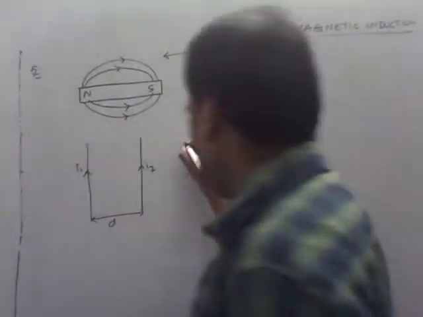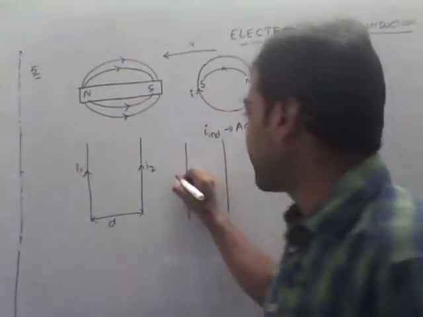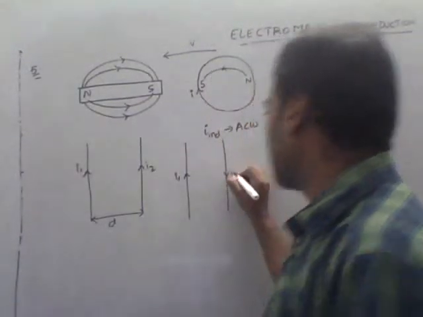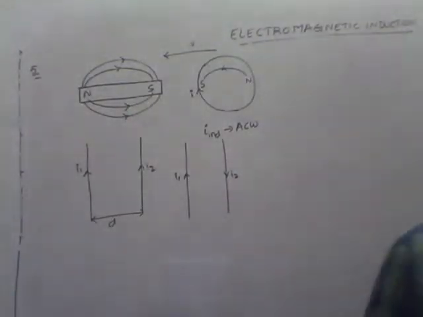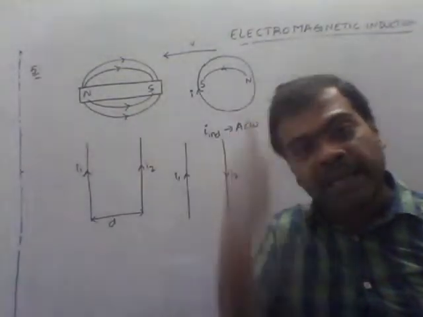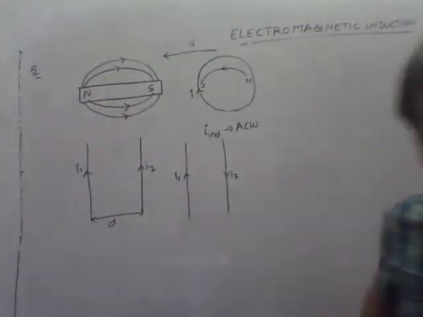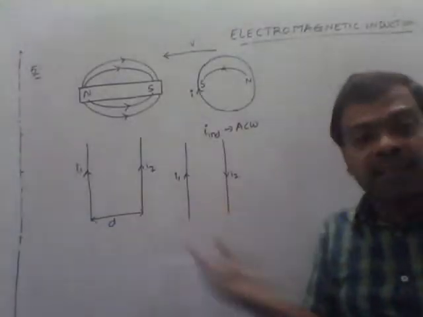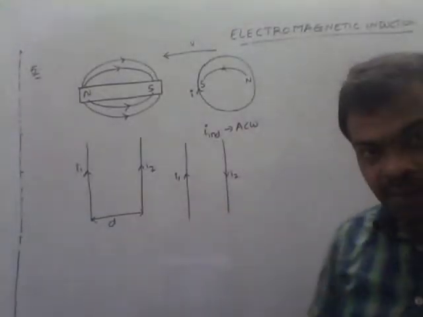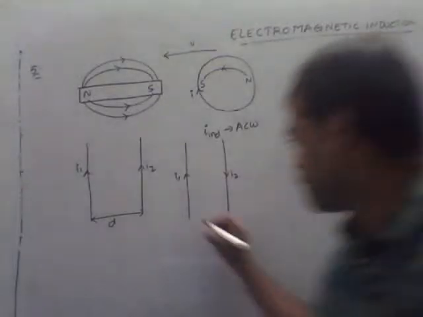Suppose we have the same two parallel straight wires, having the currents I1 and I2 opposite in nature, that is, one is moving vertically upwards and the other vertically downwards. Then these two wires will repel.